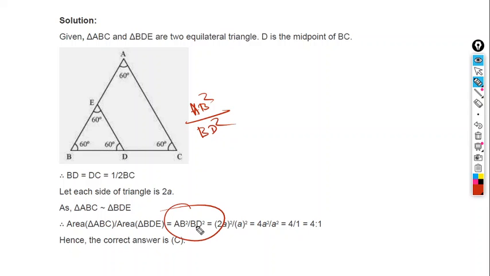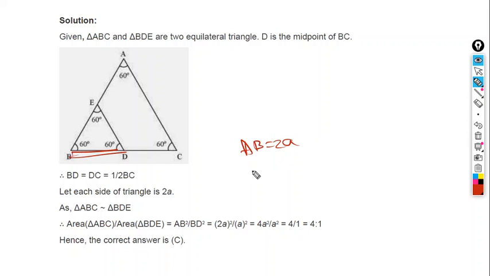We assumed AB equal to 2A and BD equal to A. Putting these values, 2A square divided by A square is 4A square divided by A square. Now you can cancel the A square.